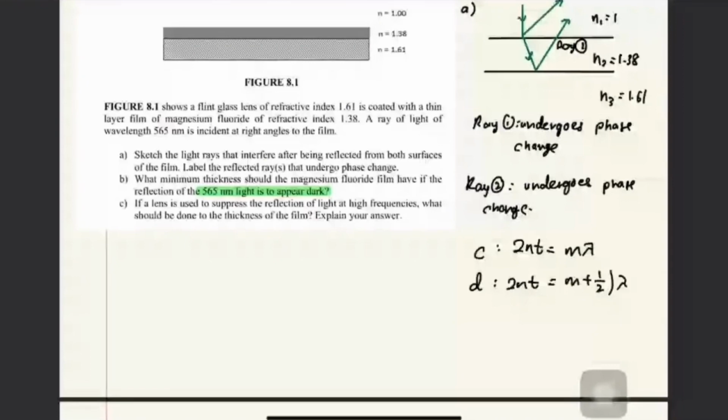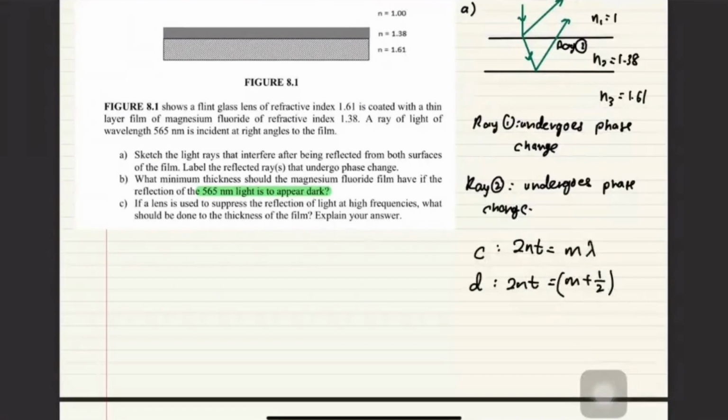Okay, so if you read the question, dia konstruktif ke destruktif? Dia destruktif sebab dia kata kat sini appear dark. So kalau it's dark, maksudnya dia itu adalah destruktif. So you have to choose the second formula lah yang untuk dark tu.